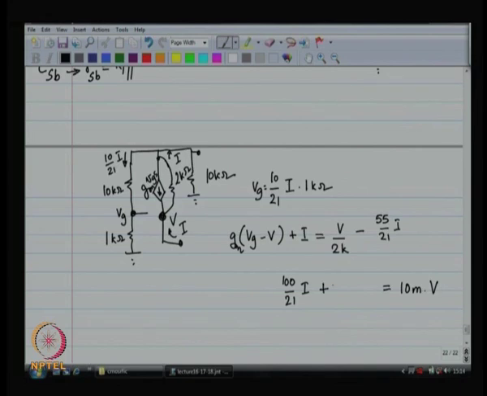And then I've got I over here, and I've got 55 by 21 I over here, and I've got half a millisiemens times V on the other side, right?